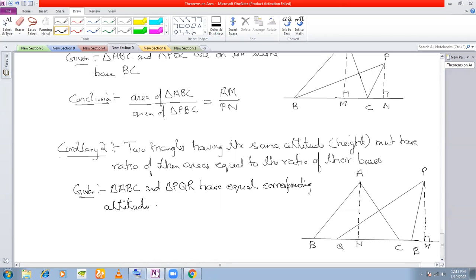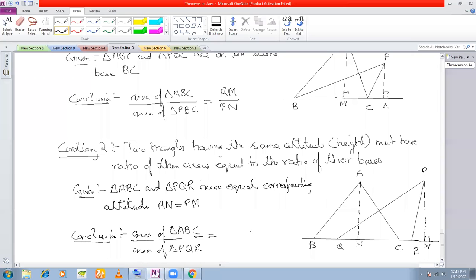AN is equal to PM. Then what can you say? Ratio of the areas, area of triangle ABC divided by area of triangle PQR, must be equal to the ratio of their bases.